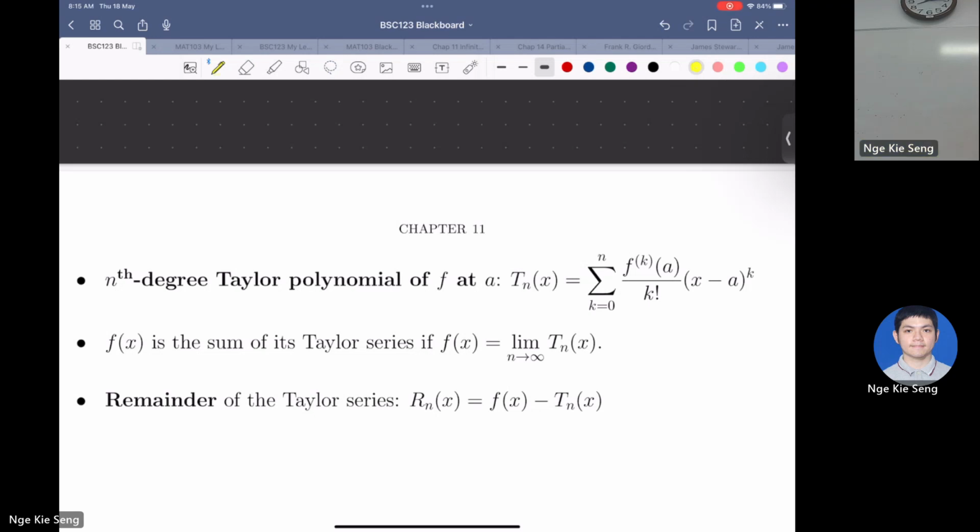Because this Taylor series converges within the radius of convergence, every time you add a term you get closer and closer to the function itself. Make sense?